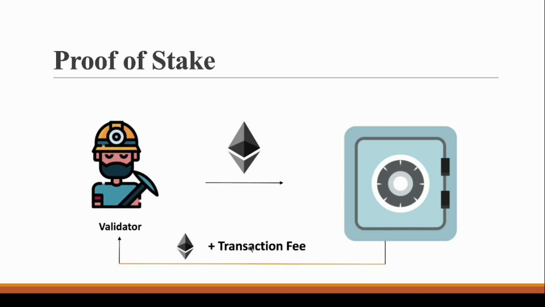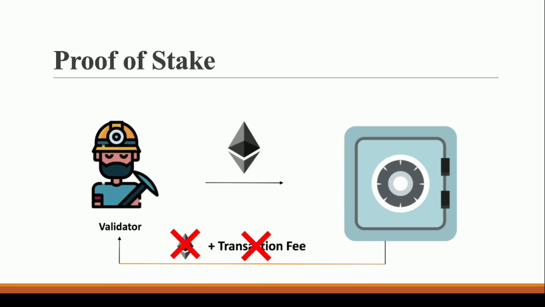But if during the verification and validation of the block, other validators find that this validator has done some sort of cheating, then the Ethereum network will not provide the staked ether back to the validator, and he will not receive any kind of transaction fee.